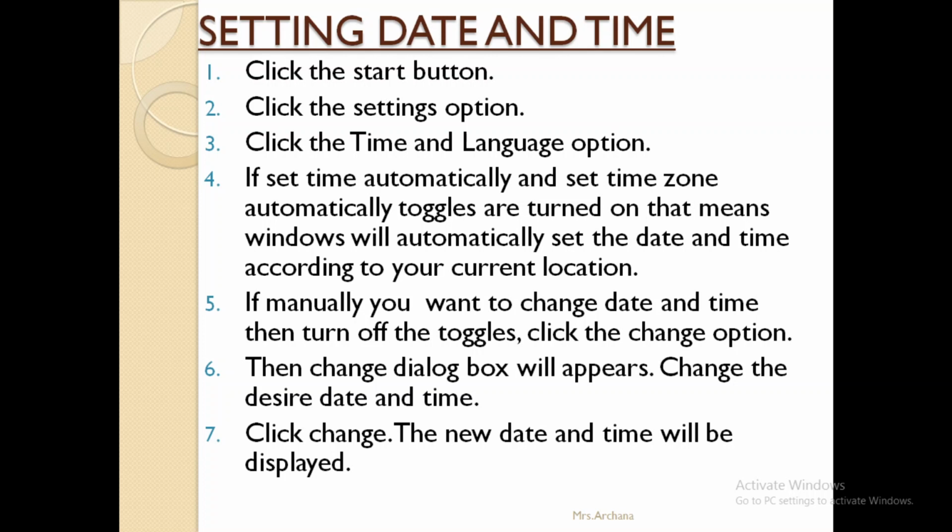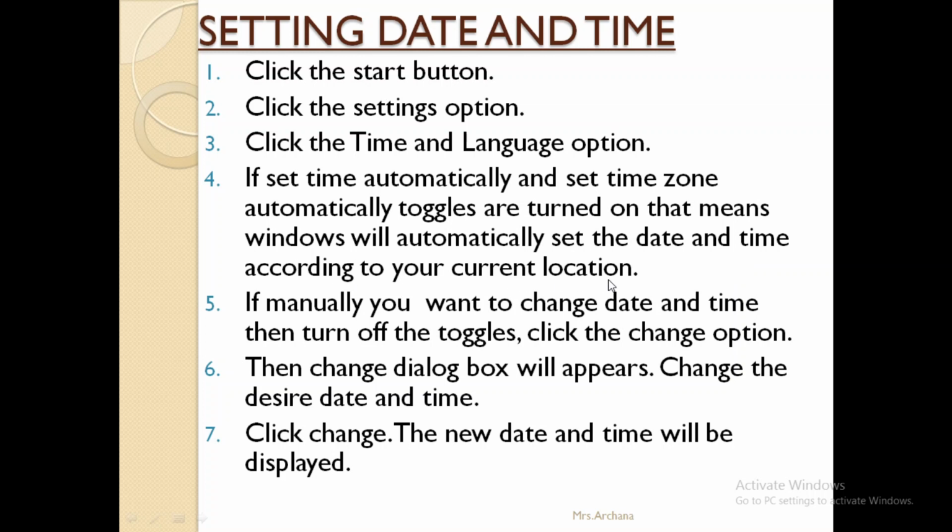Then the third step is to click the time and language option. Then the fourth step: if the set time automatically and set time zone automatically toggles are turned on, that means Windows will automatically set the date and time according to your current location.